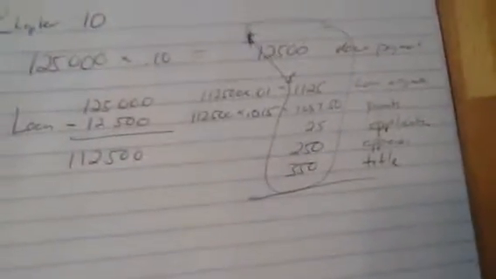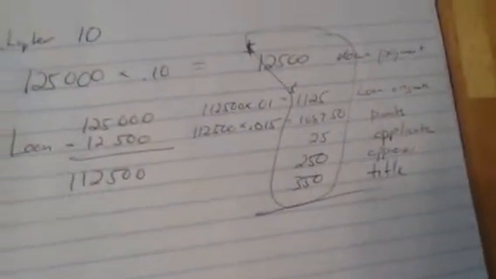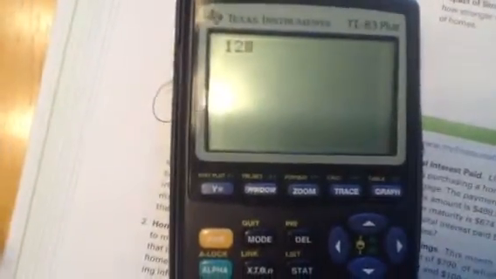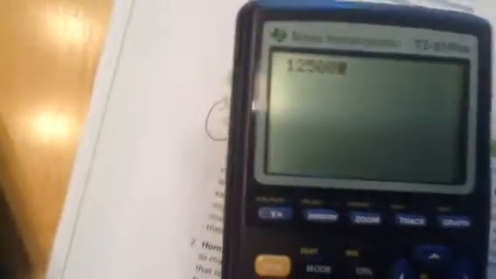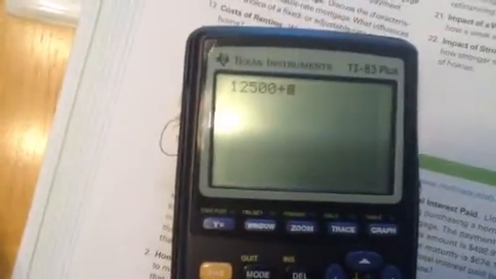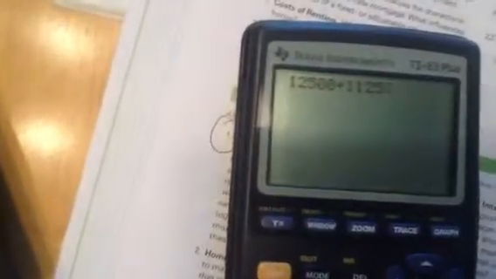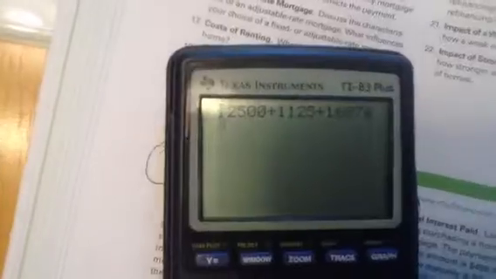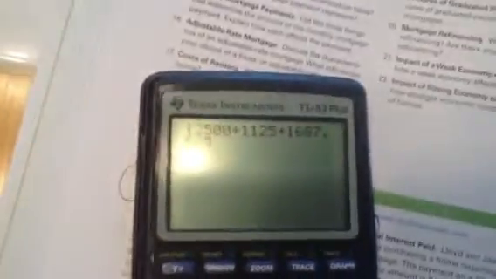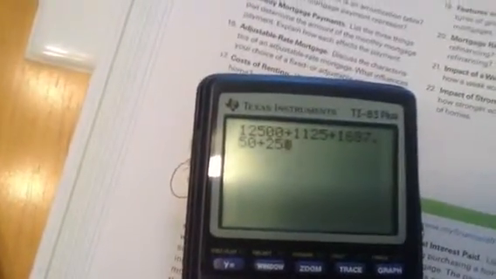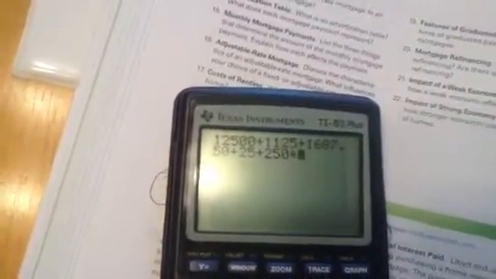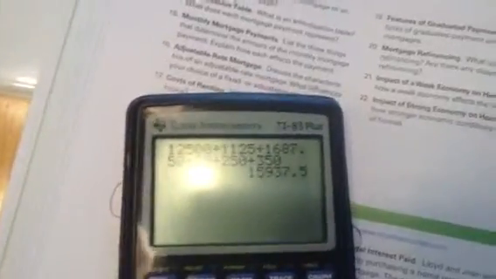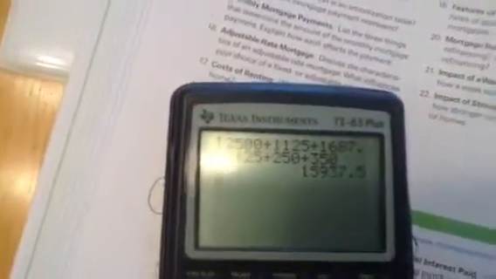So the down payment, the $12,500, is not the end by any means. So let's go here and say down payment $12,500, okay, plus $1,125 plus $1,687.50, okay, plus 25 plus 250 plus 350, add it all together, $15,937.50.